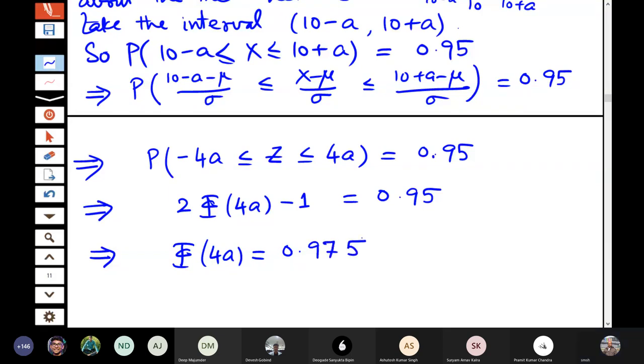Now you see the tables of the normal distribution. What is the point up to which you get the probability 0.975? The table of the standard normal distribution gives this point as 1.96.